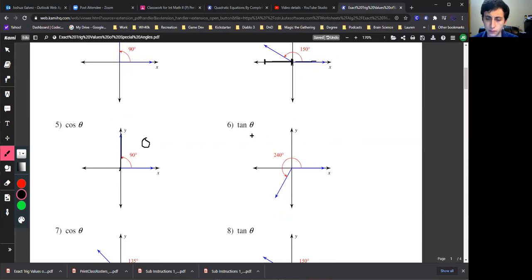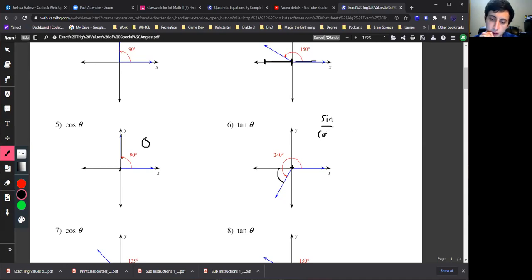Okay, here, tangent of 240 degrees. So this would be 180, and then this is 60. So this is 60 here. And remember that tangent is sine over cosine. So if we can find the sine of this and the cosine of this and we just divide it, then we're fine.